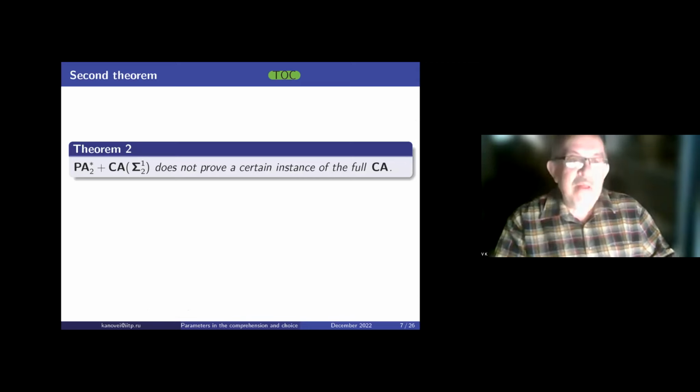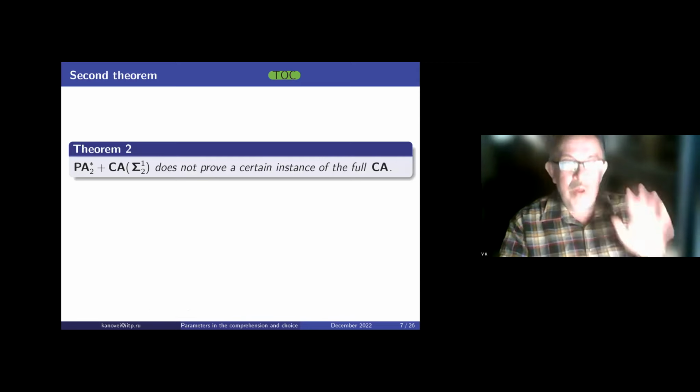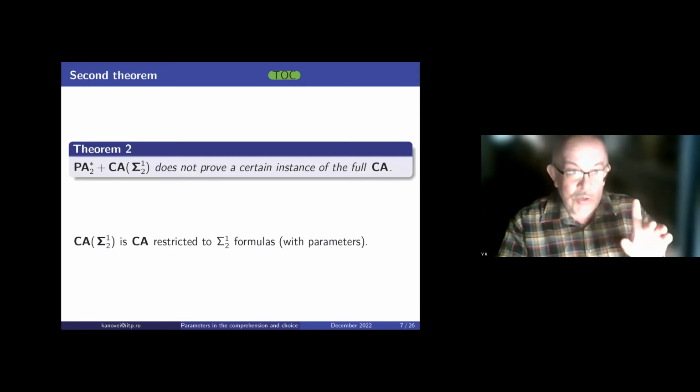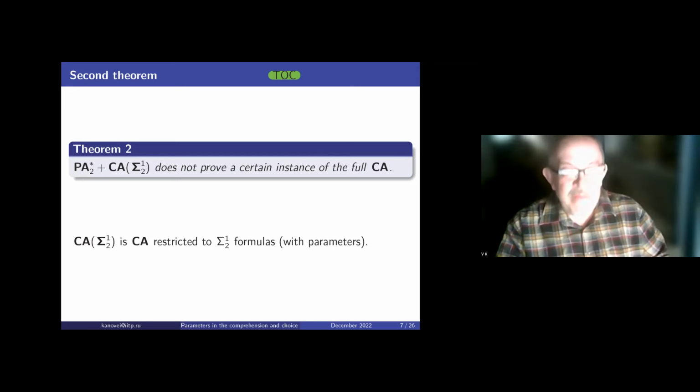Well, this is the second theorem. Even if we adjoin sigma 1,2 comprehension to the parameter free form, so we adjoin comprehension for sigma 1,2 formulas with parameters, this definitely covers that formula which corresponds to taking the complement.